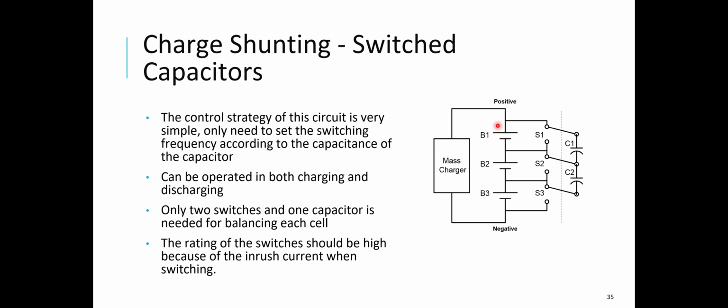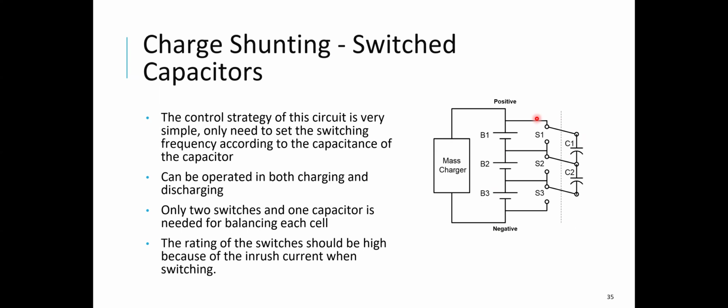So you can see how this capacitor will enable these batteries to be equalized fairly quickly. And you can balance any number of batteries in series by just repeating this building block over and over.